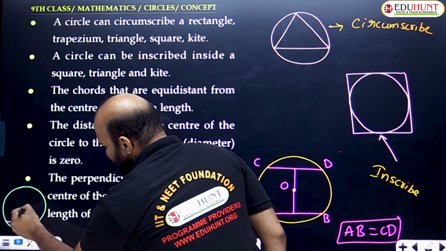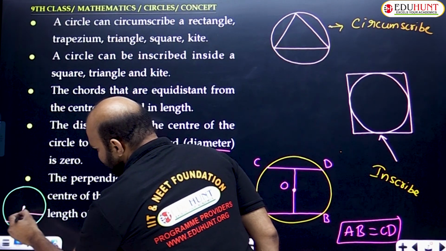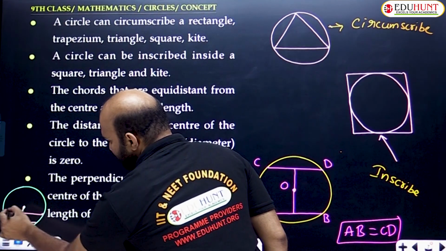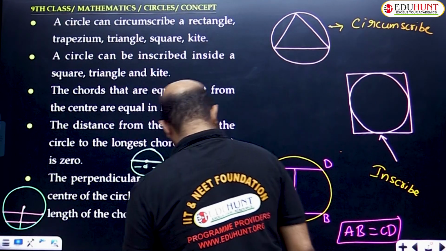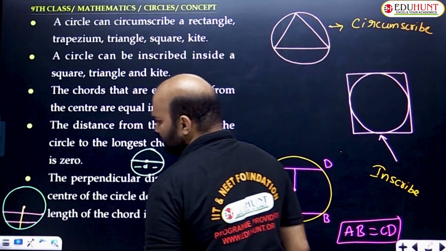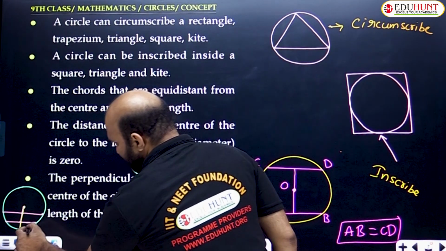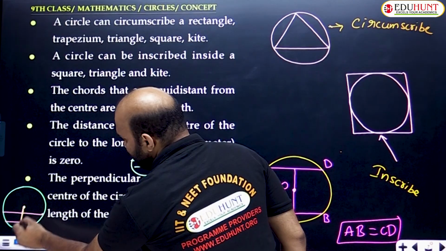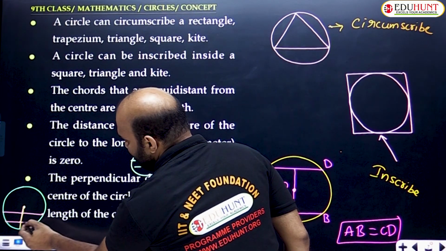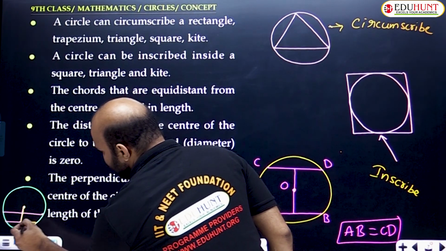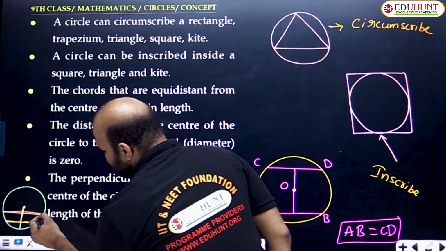If it is reduced to 5 centimeters, you get another chord. As the perpendicular distance decreases, the chord increases. This one is a smaller chord, and this is a larger chord.